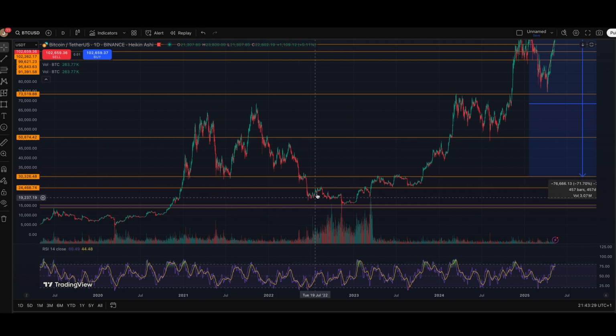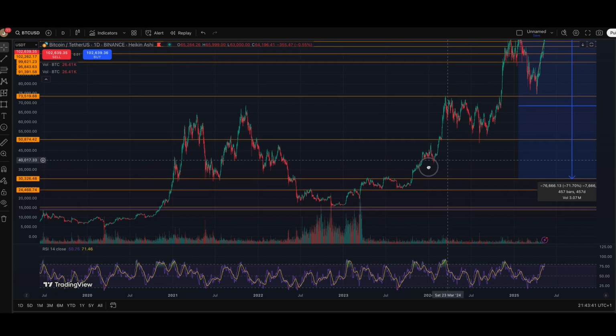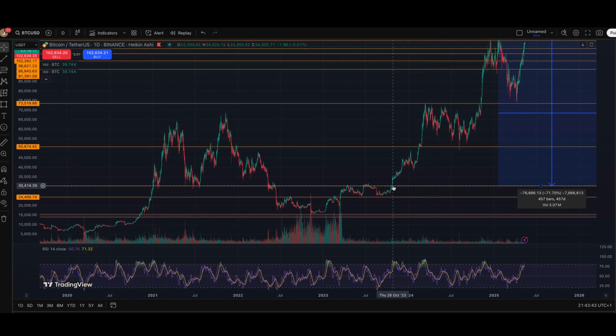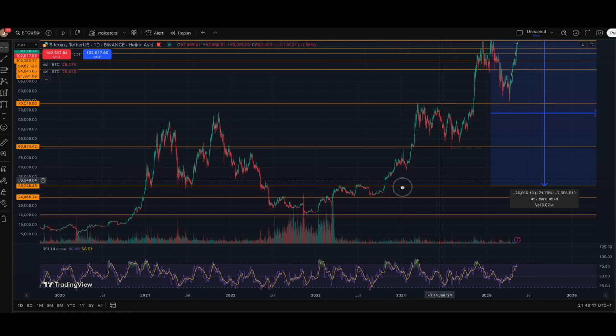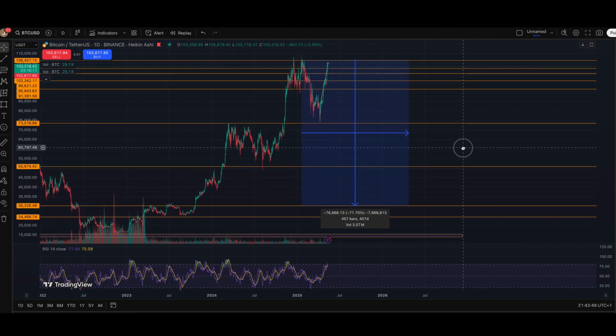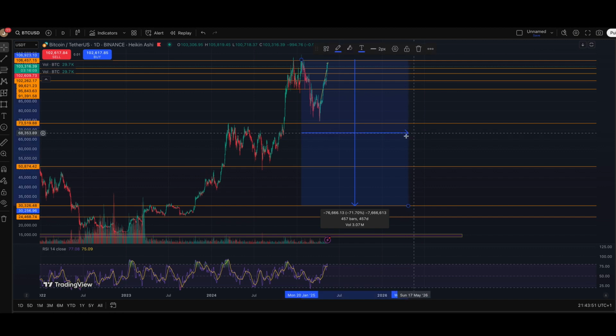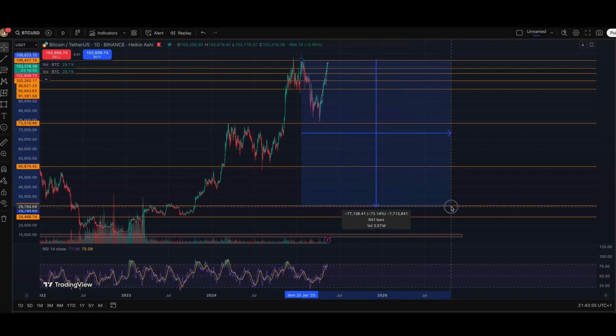As you can see, there's been a lot happening on that one line in the last 5 years. Support, resistance, and up and away. The last time we were in that area was October 2023. We have not returned, but that is what could be on the cards. As you can see, a 70% pullback is very possible in Bitcoin when it comes to the bear market.